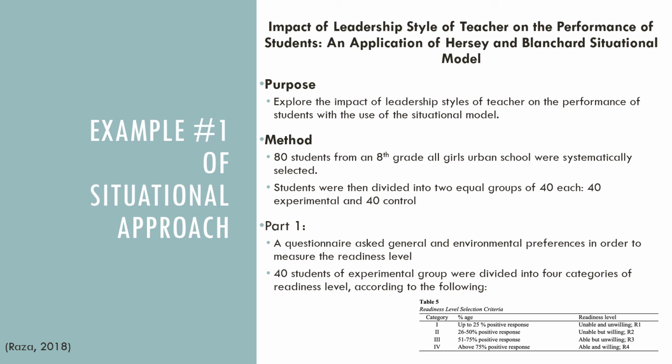R3 is able but unwilling, with 51 to 75% positive responses. And lastly, R4 is able and willing, which was above 75% positive responses.